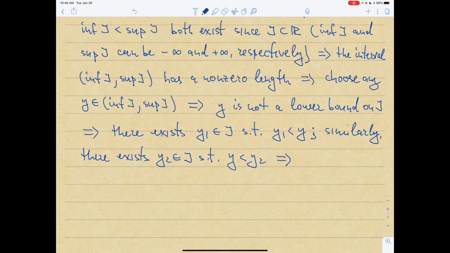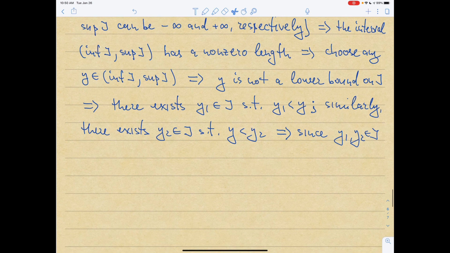So therefore, since y1 and y2 are both in J, notice that I don't know the same thing about y, right? Because y is just some number that I chose, and because that number was larger than the infimum of J, I should be able to find y1 which belongs to J, meaning that y1 is one of the possible values of your function. Same for y2.